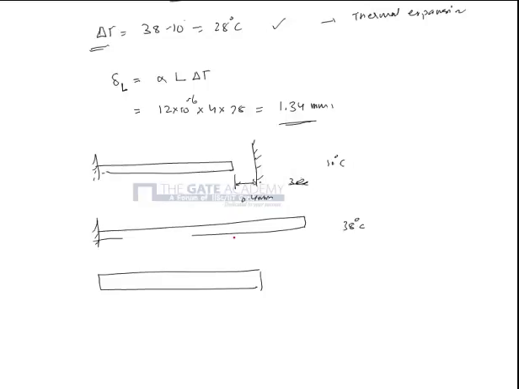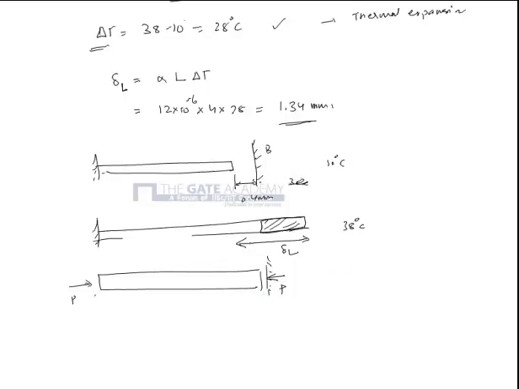This is your delta L. But it can't expand by delta L because there is a fixed support B, so it will be compressed by this much amount, and a compressive force will be developed in the steel rod because of the supports B and A.